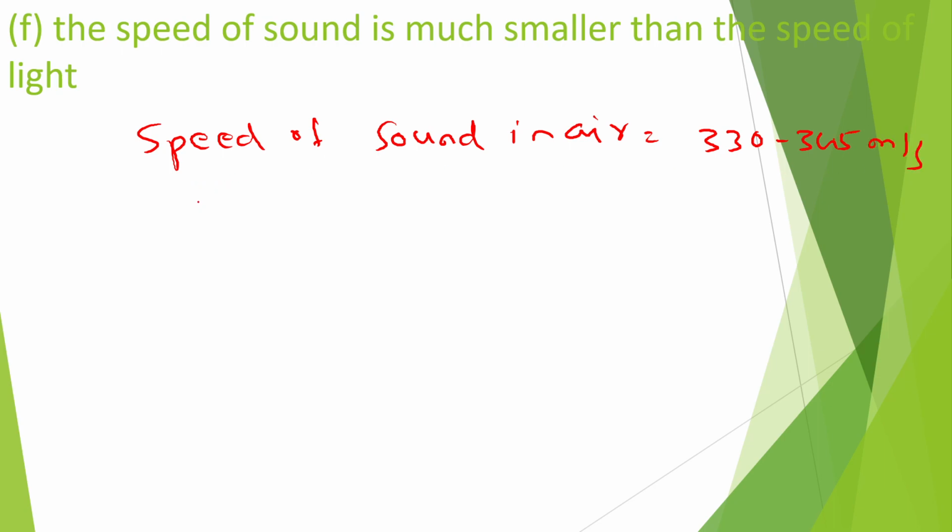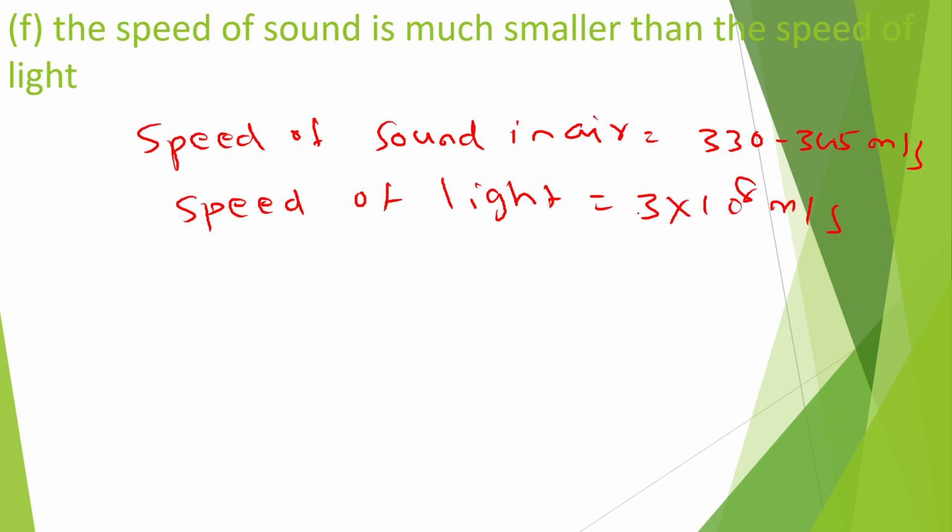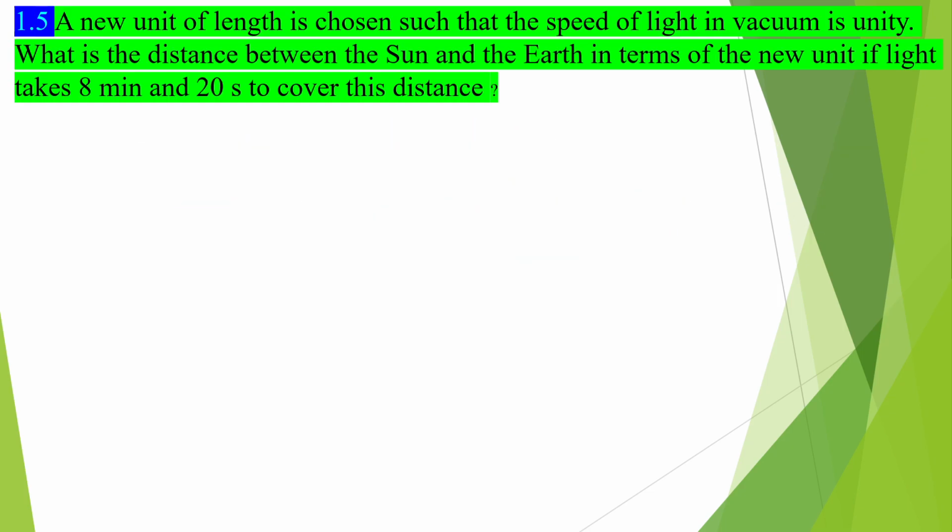But the speed of light is 3 into 10 to the power 8 meter per second. So you know that the speed of sound is much smaller than the speed of light. That's again a true statement. So no need of modification.